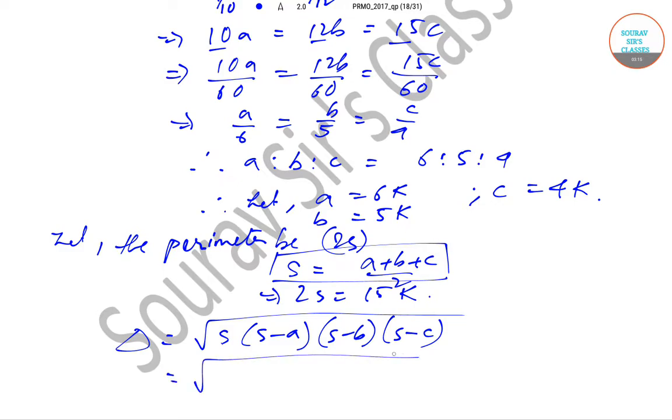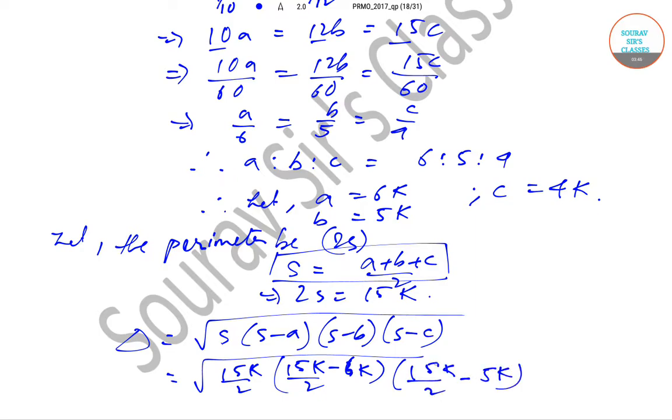So that implies that S is equal to 15K by 2. Then S minus A will be 15K by 2 minus 6K, then we have 15K by 2 minus 5K, and finally we have 15K by 2 minus 4K.